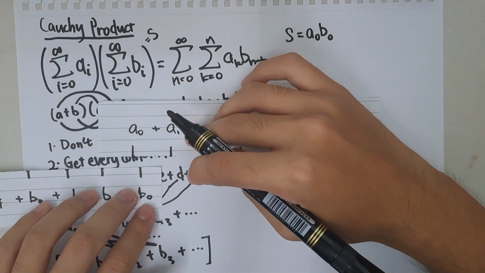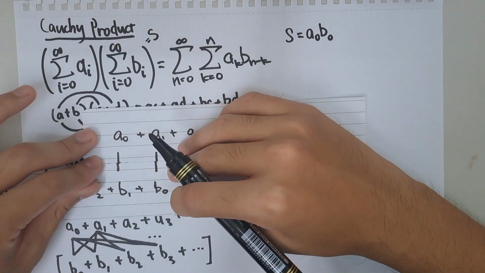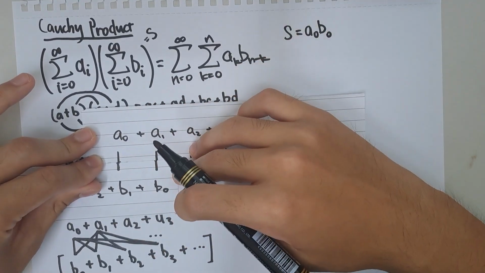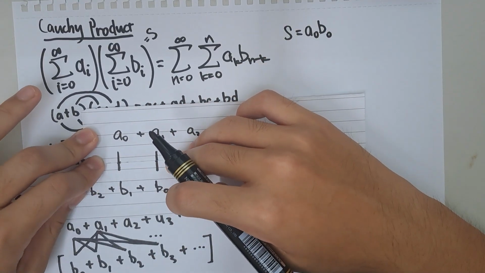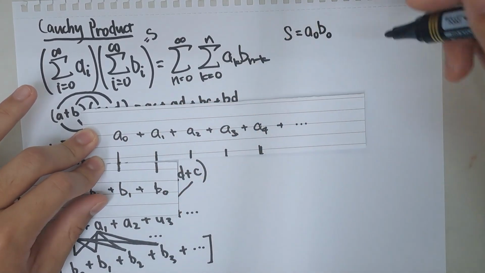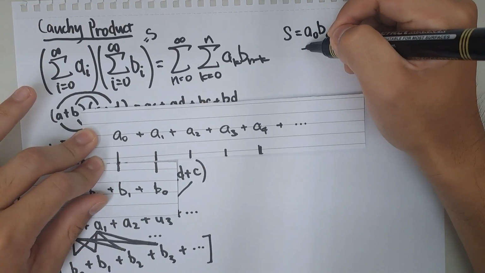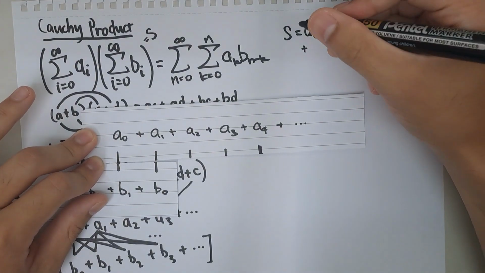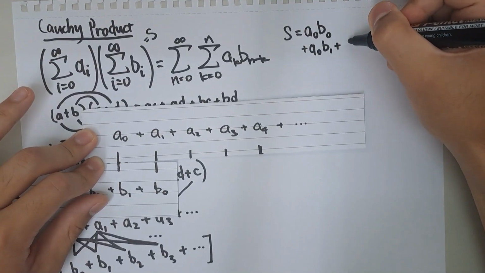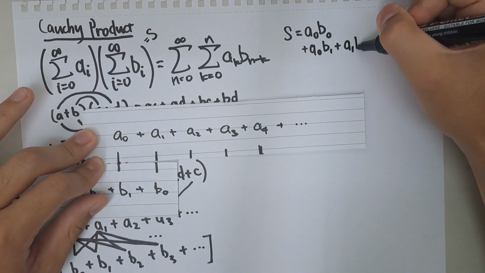And then afterwards we're gonna match the first two terms with the first two terms from each series. So here we have A0 and B1 and A1 and B0. I'm gonna write in a new line here, A0 B1 plus A1 B0.